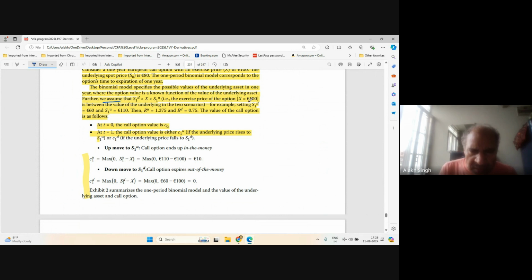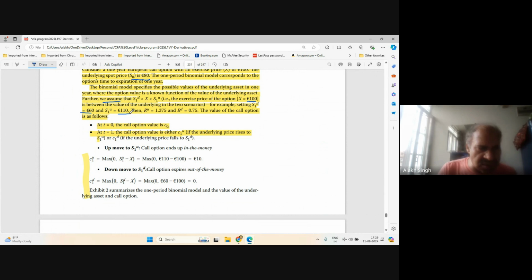So the exercise price was 100, and what he is assuming is that it lies between the values of the underlying in the two scenarios. For example, S1D is equal to 60. It is telling that when the market goes down, right now S0 is 80. Here it is given, no? Yes, sir. The current spot price, the price of the stock, is 80. So if it goes down, it will become 60. If it goes up, then it will be 110. Yes, sir.